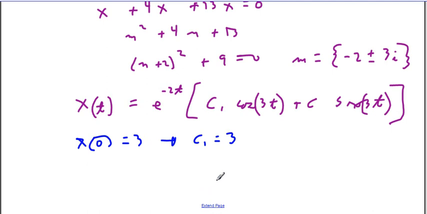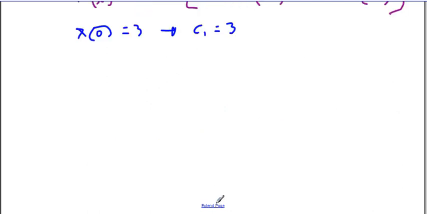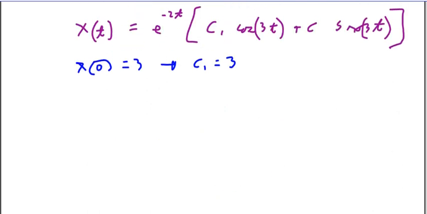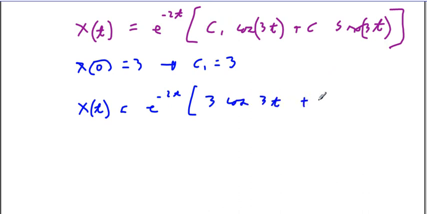Now, for the rest of the problem, we'll work with x of t is equal to e to the minus 2t, 3 cosine 3t plus c2 sine 3t.